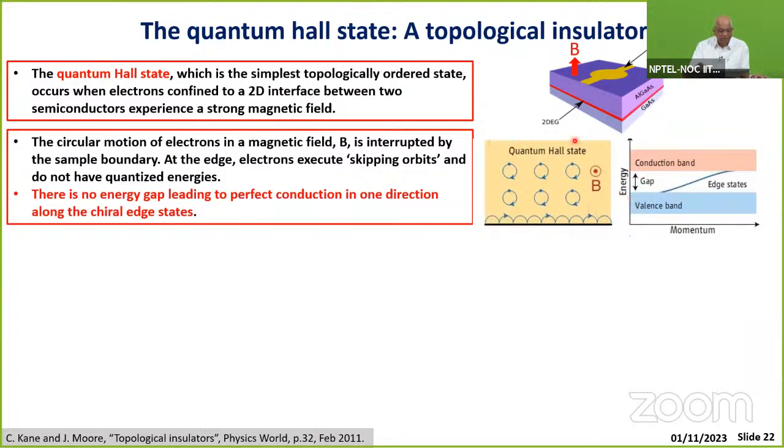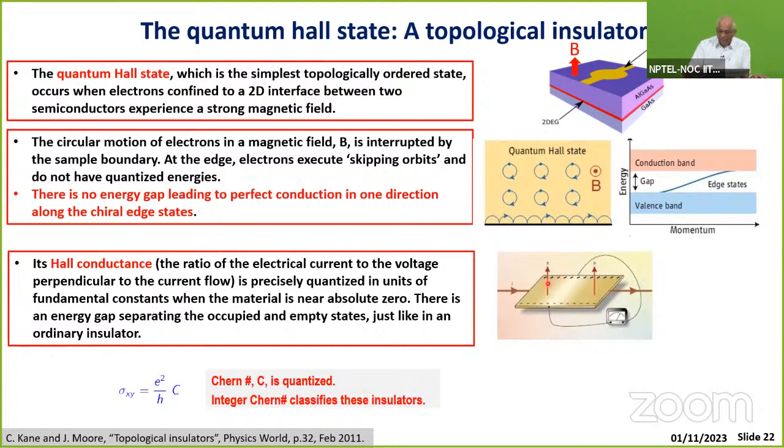So you can have edge current. There is no energy gap, leading to perfect conduction in one direction. And these are called chiral edge states because you see this chirality coming from the skipped orbits. And of course, if the chirality is going in one direction on one edge, here it will be in the other direction.